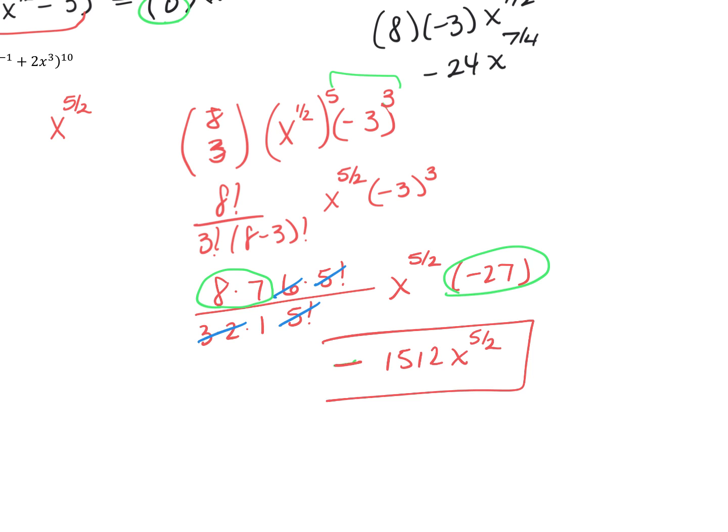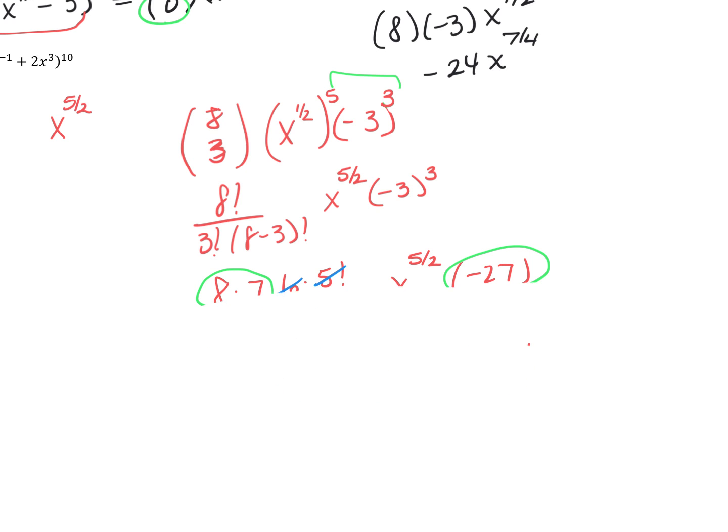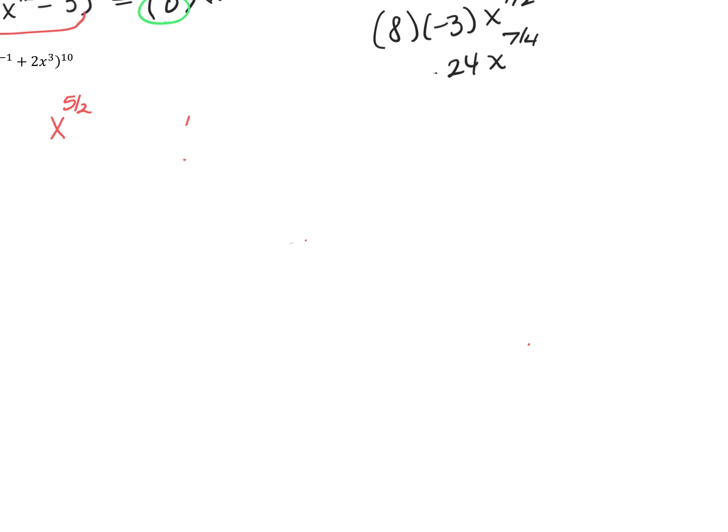If I wanted the term with 5/2, that's the answer. If I wanted the coefficient with the 5/2, only the numeric value is the coefficient. I just wanted to show you what happens if it's not the second term, because in the two examples I did, it was the second term and I really didn't have to do that much work.